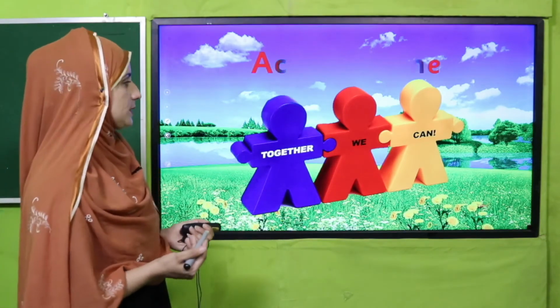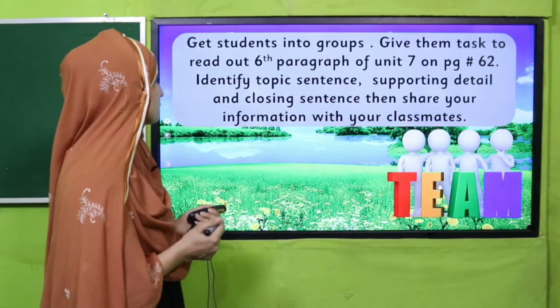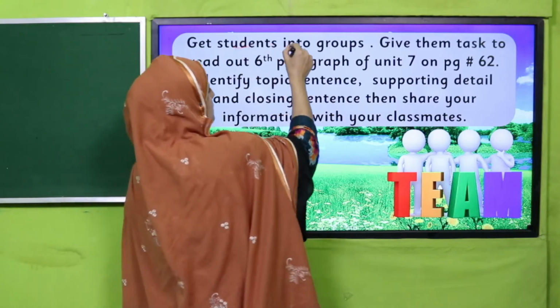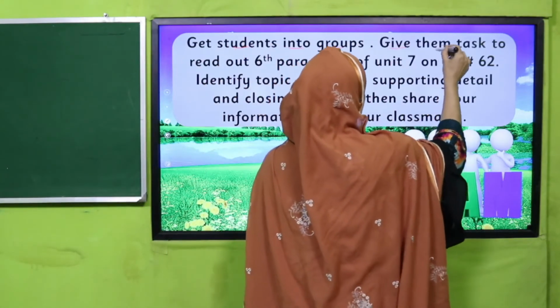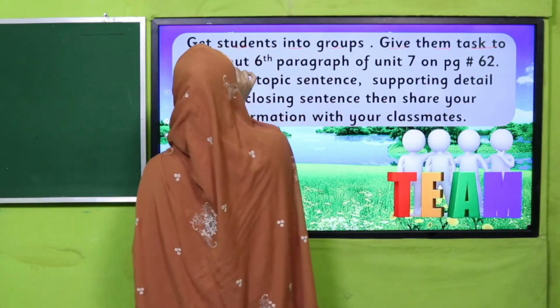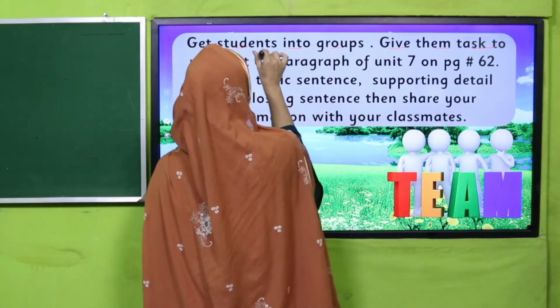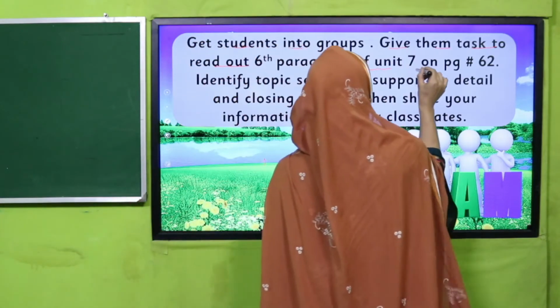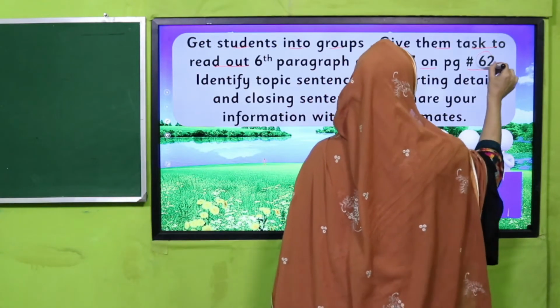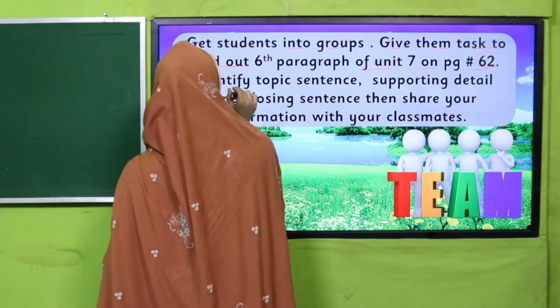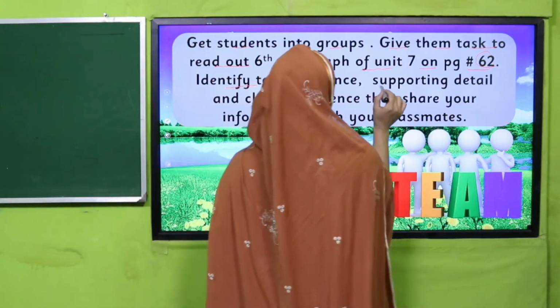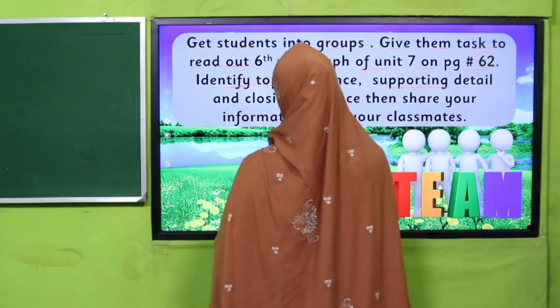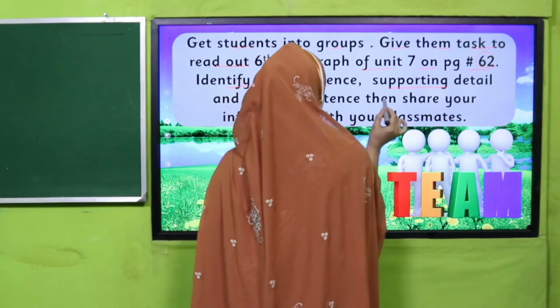It's time to learn with fun. Let's perform an activity. Get students into groups and give them tasks to read out the 6th paragraph of Unit 7 on page number 62. Identify the topic sentence, supporting details, and closing sentence.